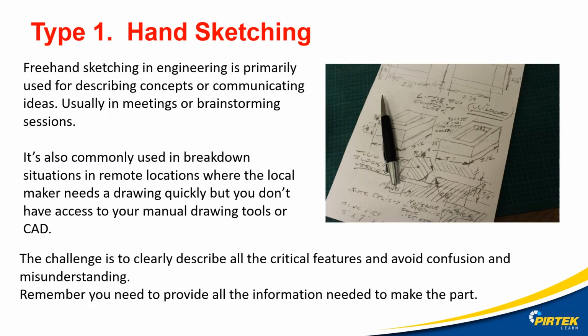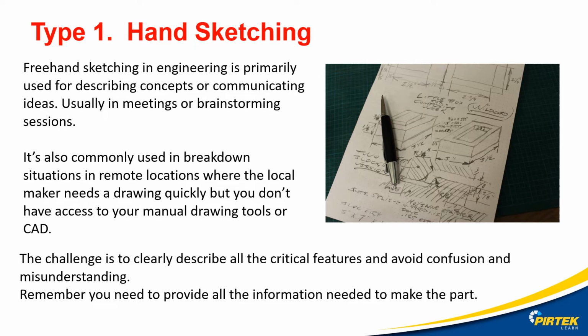Firstly, we'll look at hand sketching. Freehand sketching in engineering is primarily used for describing concepts or communicating ideas, usually in meetings or brainstorming sessions, or ideas scribbled on the back of napkins or envelopes and so forth.